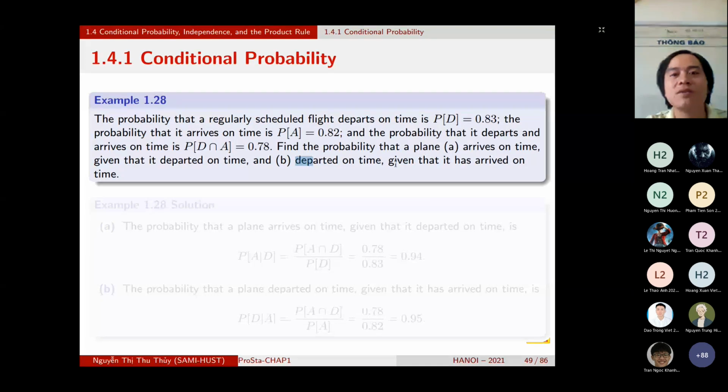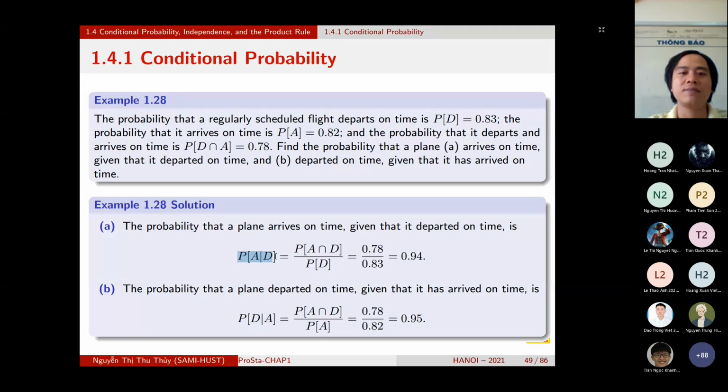For example, at Ho Chi Minh City we know that it arrived on time, and now we consider the probability that it departed on time at Hanoi.